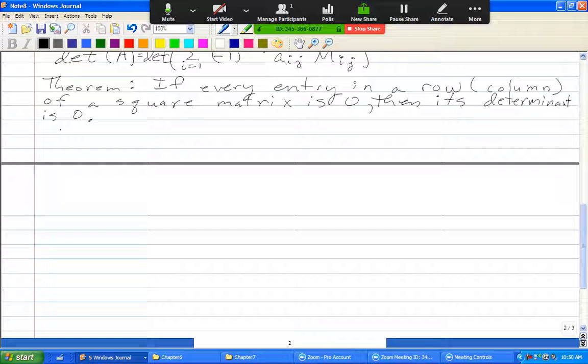Now, the effect of row and or column operations on the value of a determinant. So even though we usually do row operations, again, as I always said, we could do column operations.